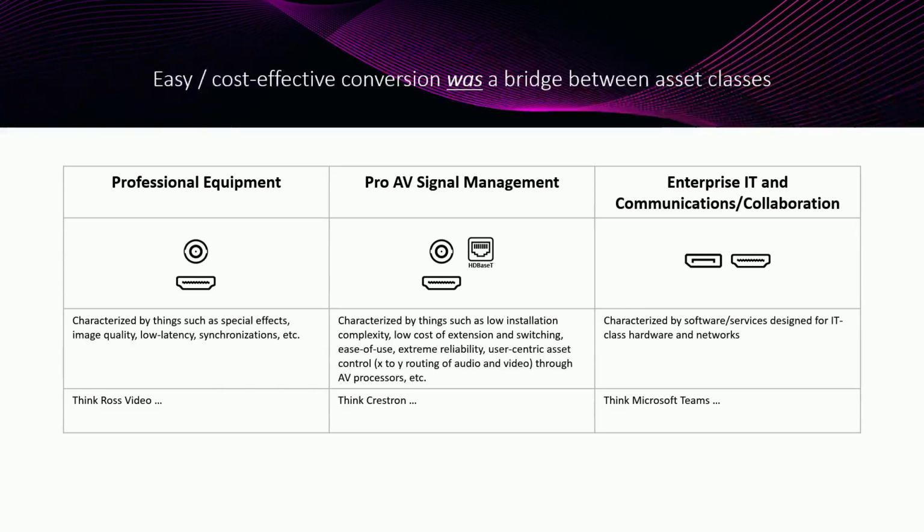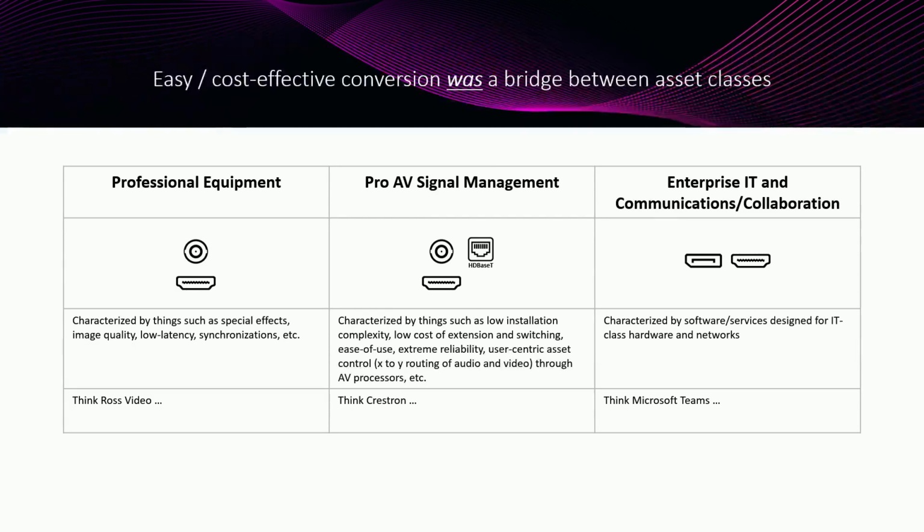When you think of your AV routing and signal management, this is your Crestron world or Extron and these types of products that are really designed to have a good routing interface for users to be able to take a source and send it to a particular display in a conference room or hit some speakers and route whatever they wanted to wherever they wanted.